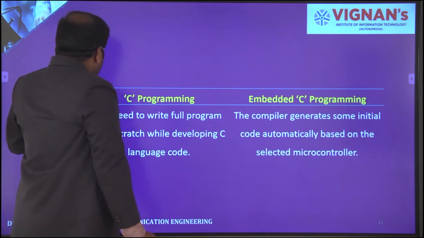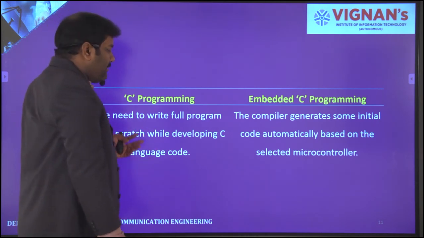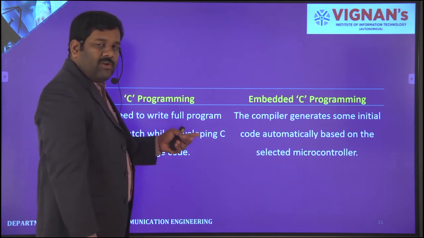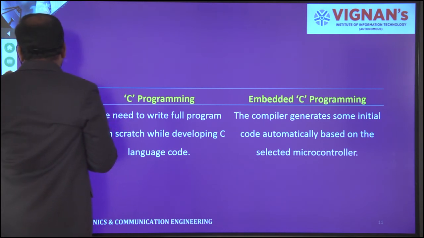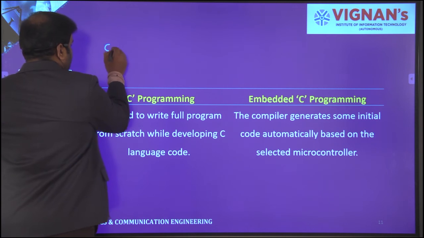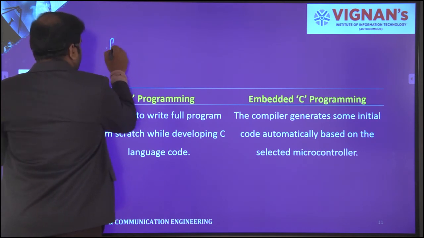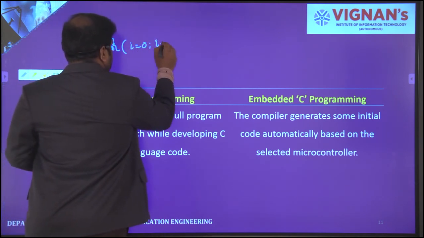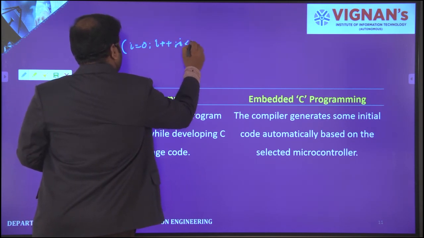Whereas the C program does not have any predefined functions. For example, if you need to implement a for loop, you have to describe the entire for loop over here itself. Whenever you are writing any program in C, for example, to implement convolution, you need to write one for loop: i equals 0, i incremented, and i less than or equal to 5.